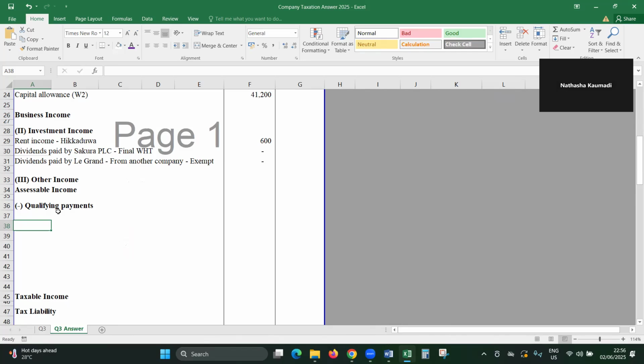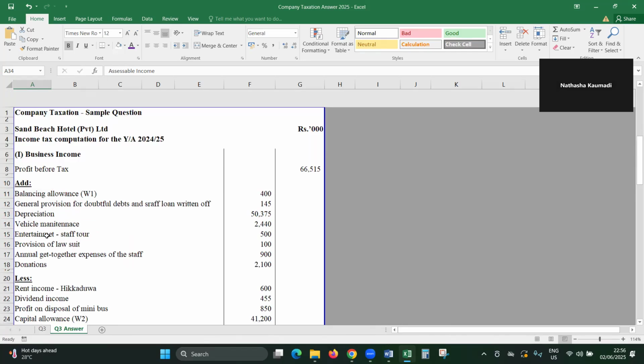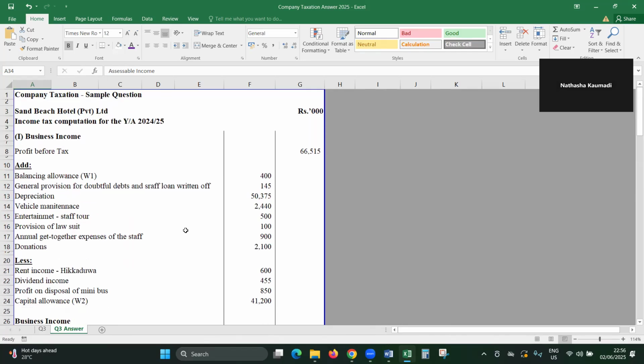And when it comes to government, you have to take them separately. Since we need the assessable income for qualifying payment computations to check whether it is 1/3 or 1/5, we'll finish these areas and come.